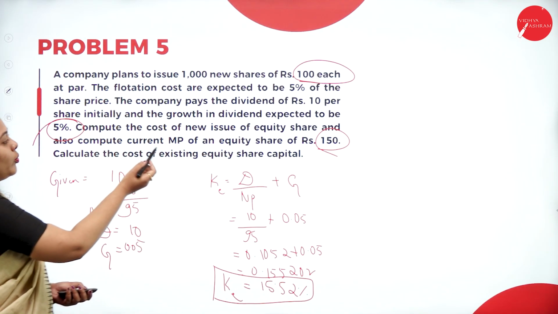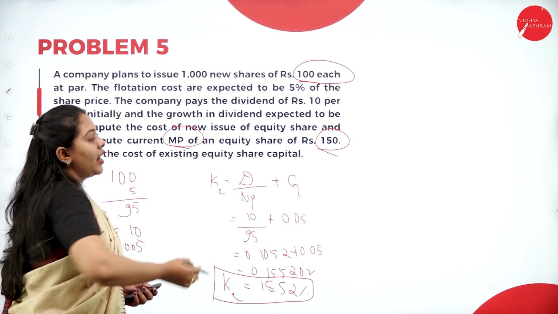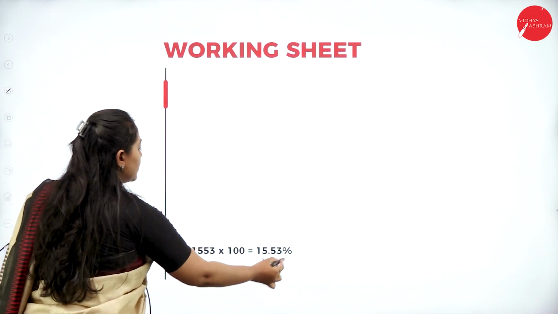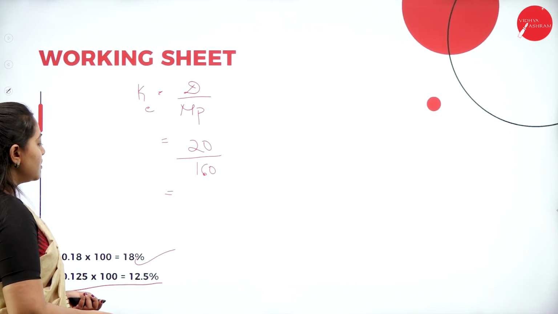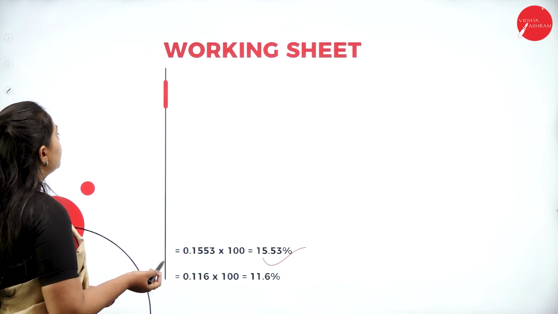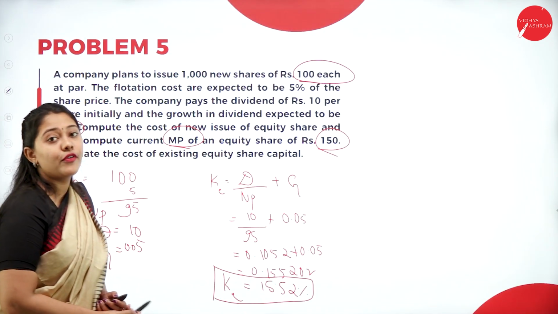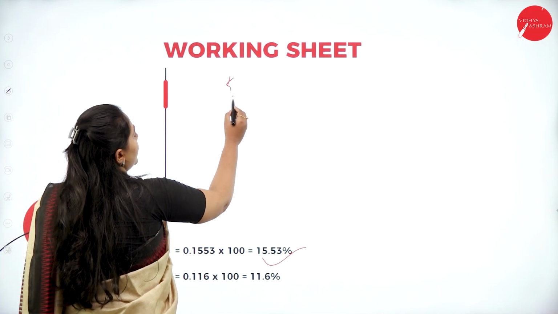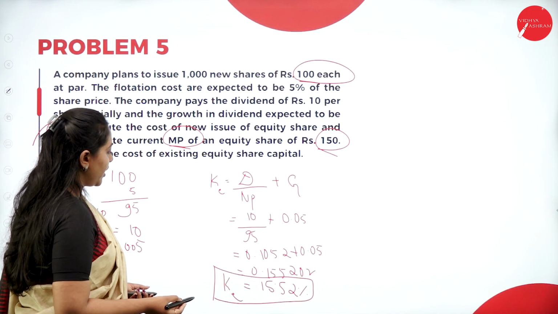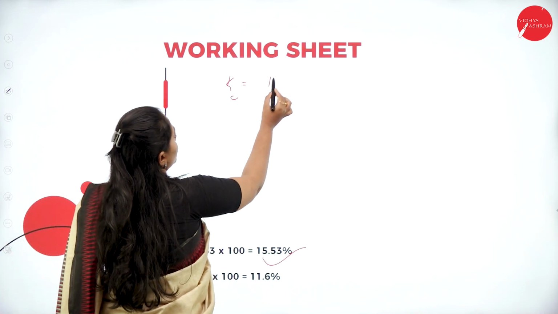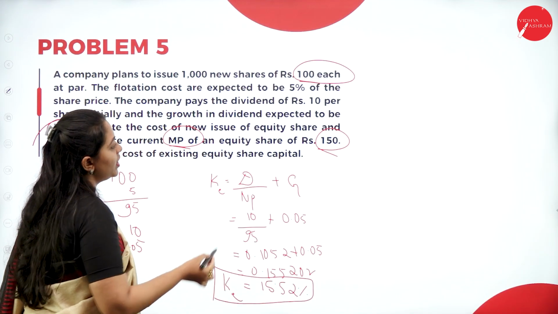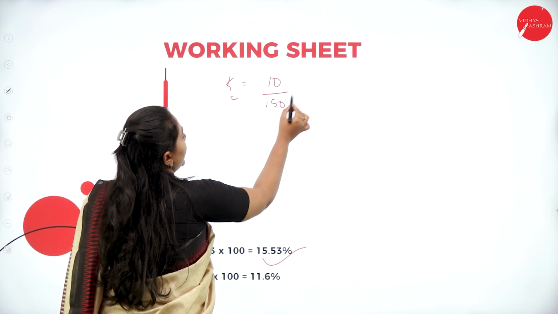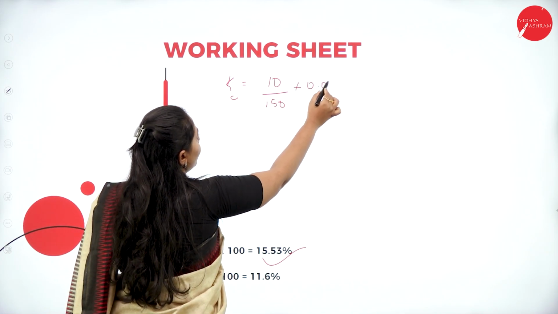Moving forward, now we have to calculate with the market price. So what's the market price? Market price is 150. So cost of equity is equal to, what is the dividend? Dividend is 10 rupees. Market price is how much? 150, plus 0.05.